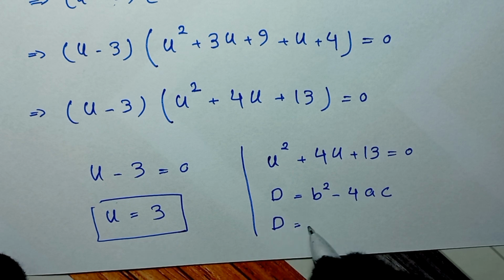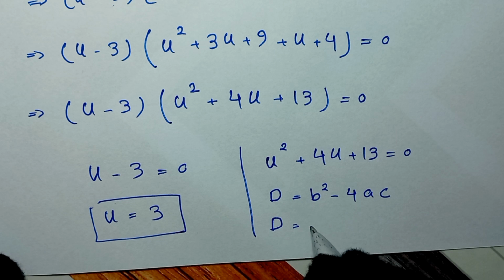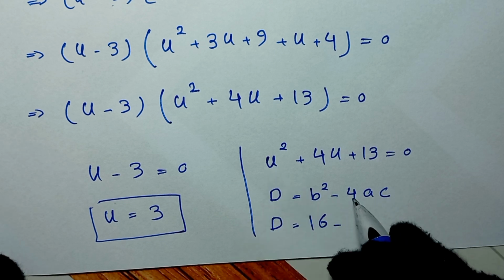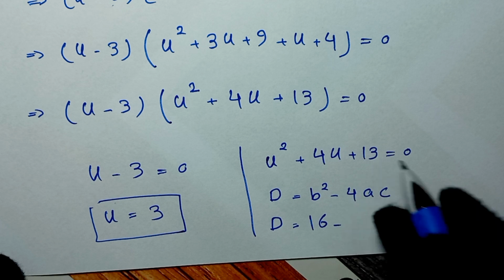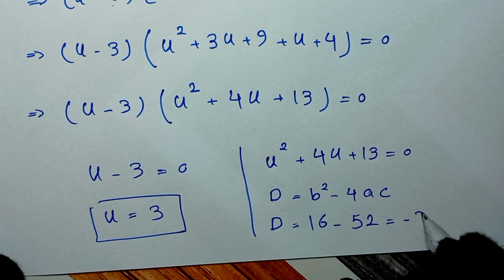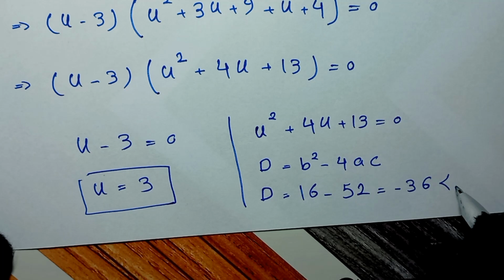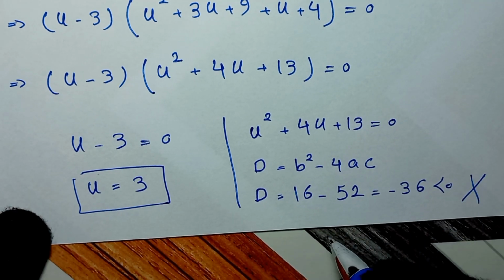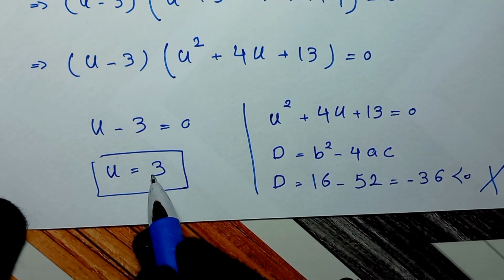And the discriminant in here is b square, b is 4, so it will be 16 minus 4ac. 4 times a is 1, so 4 times 1 is 4, and times c is 13. 4 times 13, it will be 52, and it will be negative 36. And negative 36 is less than 0, so the discriminant is less than 0, so in here we have no real solution, and we reject this, and we continue by this u is equal to 3.